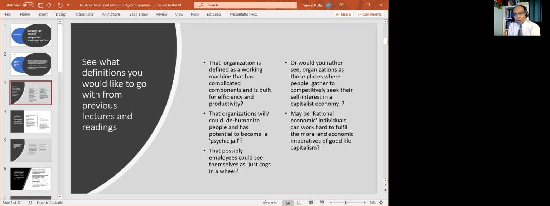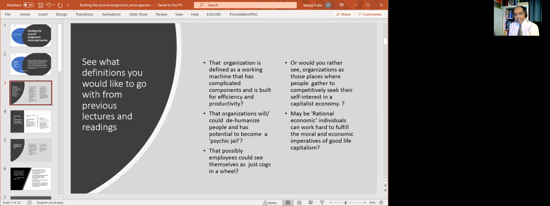Should we take that organization is defined as a working machine that has complicated components and is built for efficiency and productivity? Or would you like to go with organizations will and could dehumanize people and have potential to become a psychic jail? So what's the context in which you will be writing this reflection?